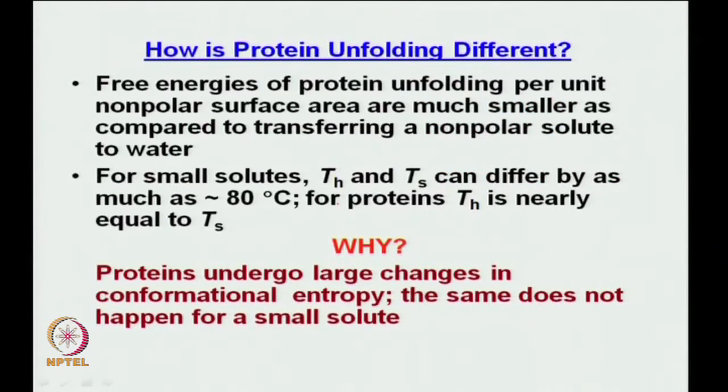The reason being, proteins undergo large changes in conformational entropy. The same obviously is not there for neopentane. You are also right that electrostatic interactions are present, but delta S is the single most important factor, because you undergo such a large increase or decrease in delta S during protein folding and unfolding.